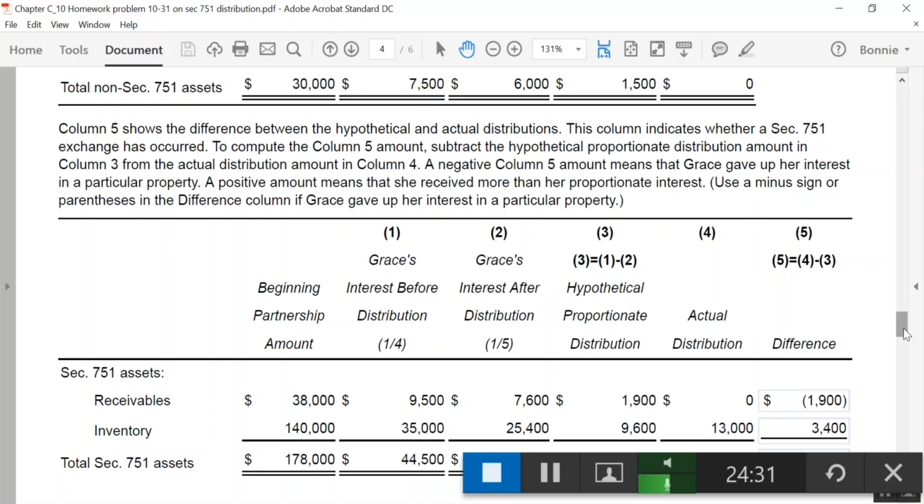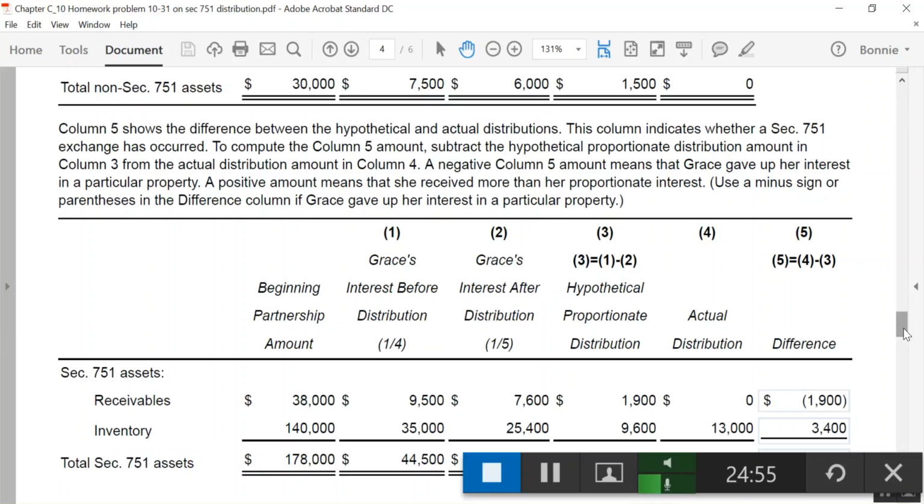This is the column where we are going to determine whether a 751 exchange has occurred. Up to this point, we're not even sure. So to compute the column 5 amount, you just subtract the column 3 hypothetical proportionate distribution from the actual distribution.